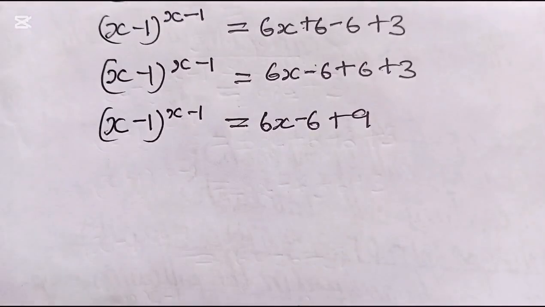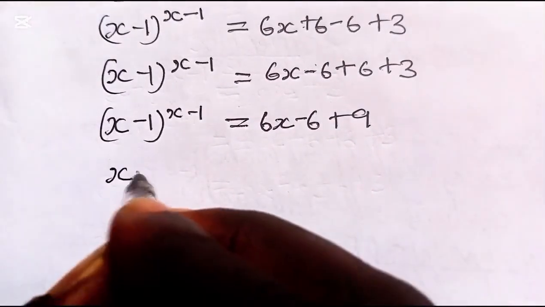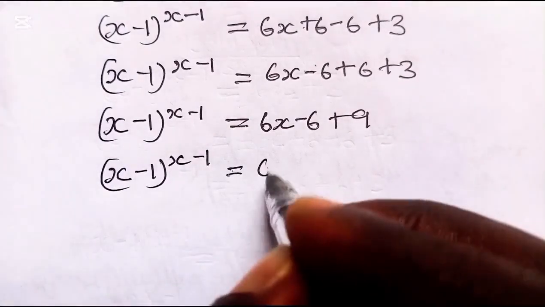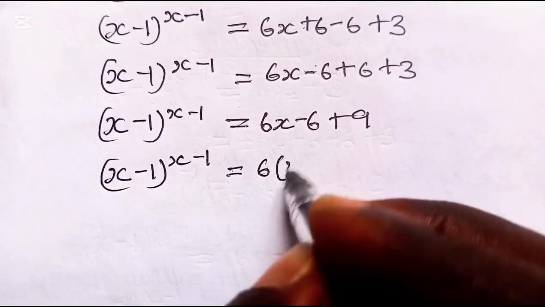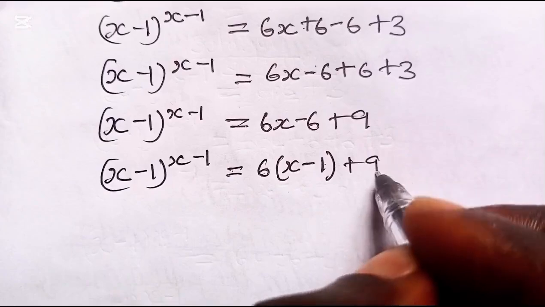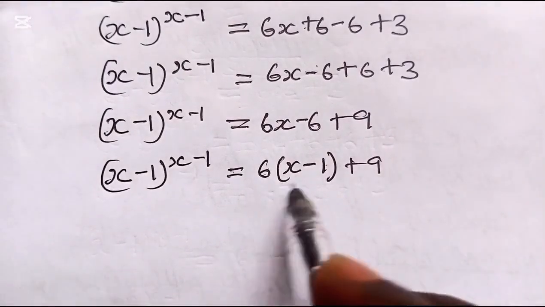Okay, let me factorize these two. So we have (x − 1)^(x − 1) equal to 6 times... What's common here? 6x divided by 6 gives us x, minus 6 divided by 6 gives us 1, then plus 9.